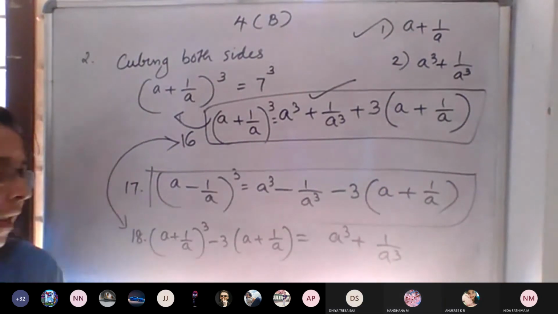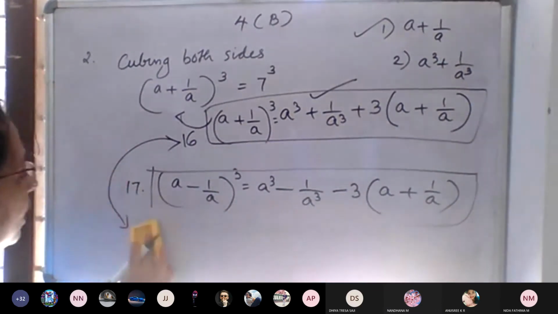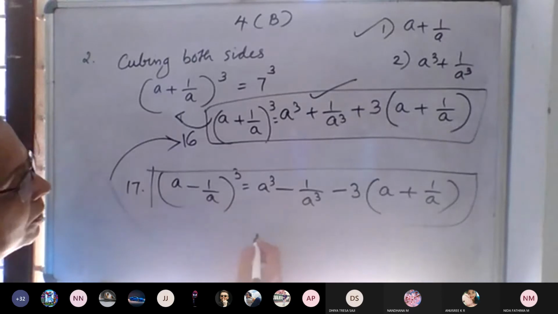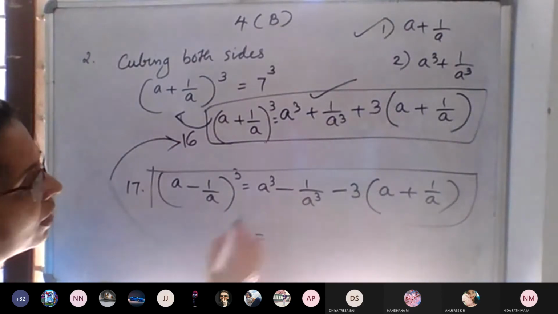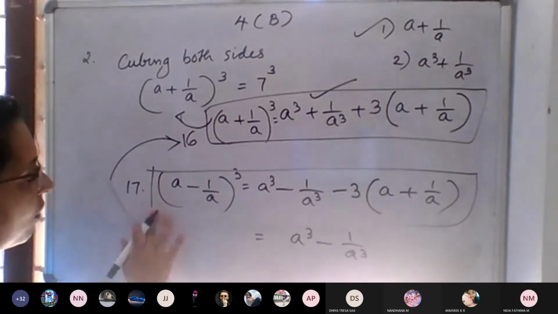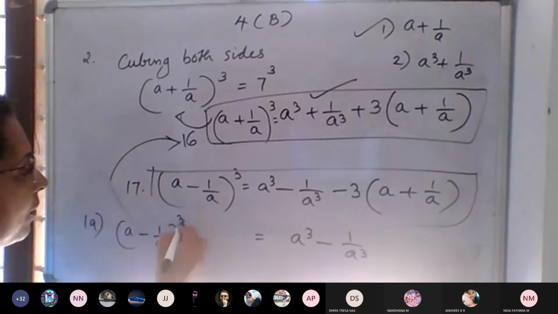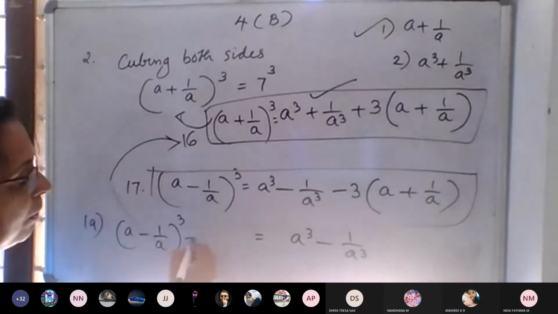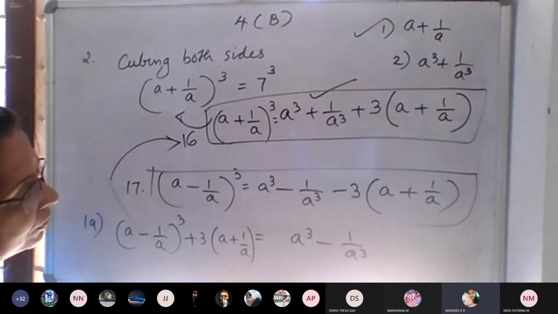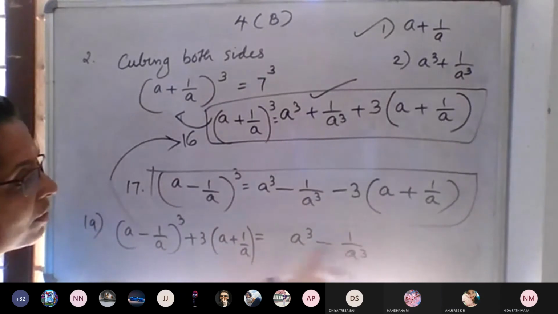Then next, the 19th formula. Don't worry about all these formulas, I will give you a clue. For the 19th formula, we have to find out a cube minus 1 by a cube. So what will be the 19th formula? (a minus 1 by a) whole cube plus 3 into (a minus 1 by a) equals a cube minus 1 by a cube.